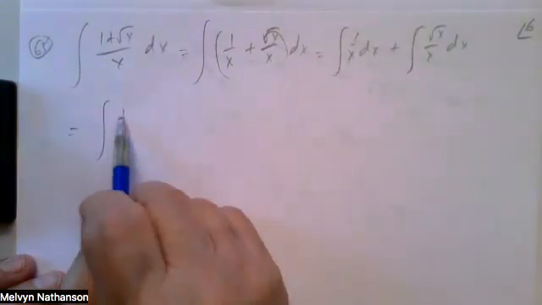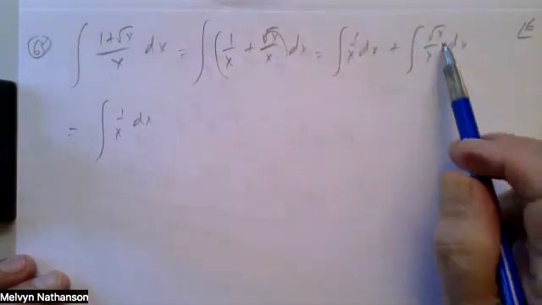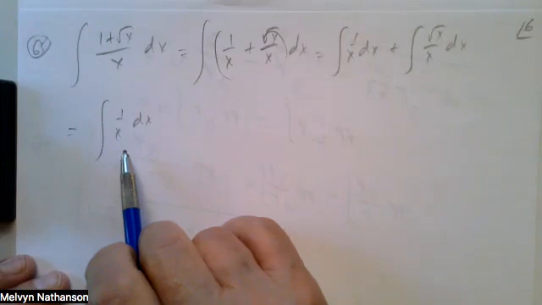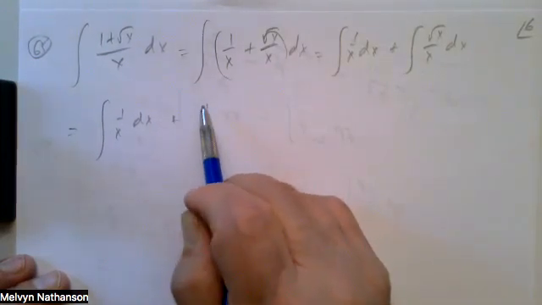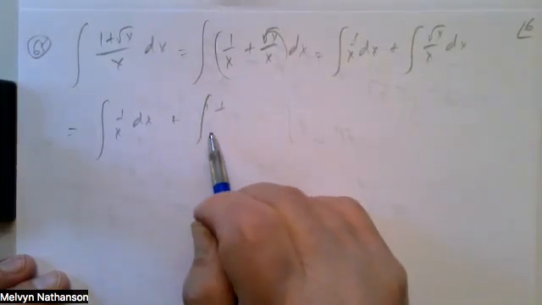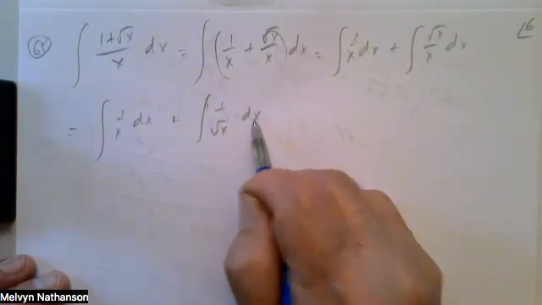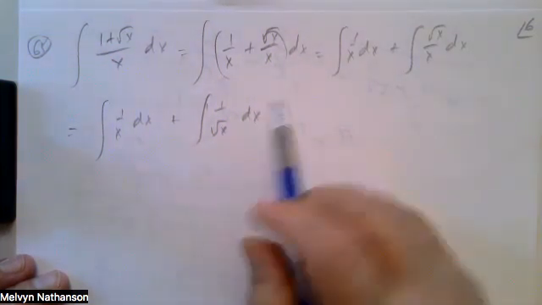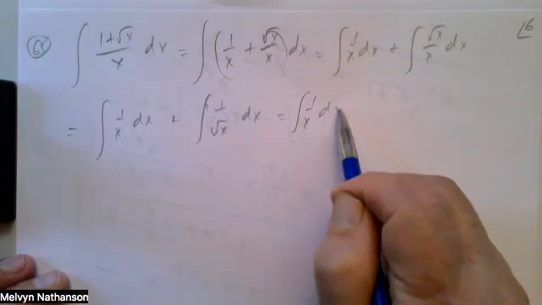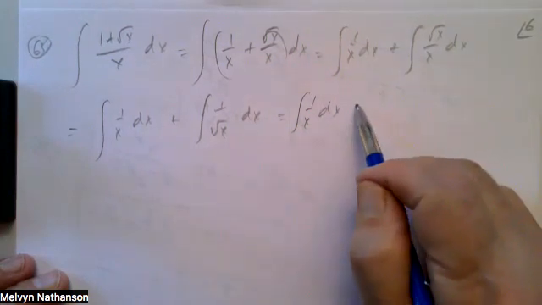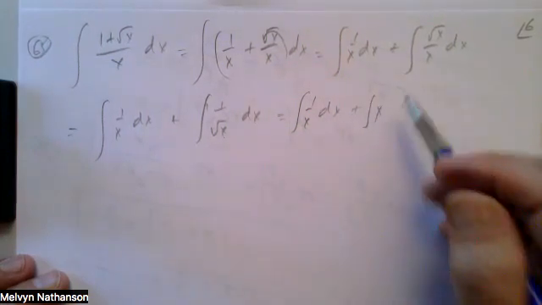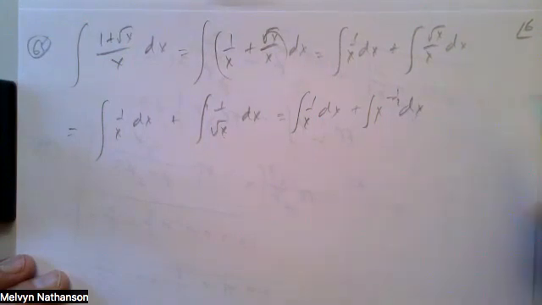So this is the integral of 1 over x dx, and root x over x is 1 over the square root of x. So this is the integral of 1 over x dx, and this is the integral of x to the power minus 1/2.